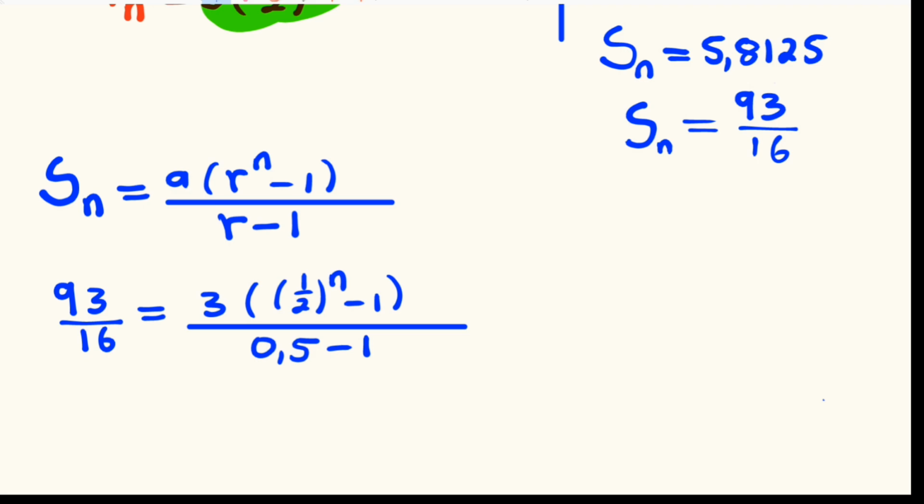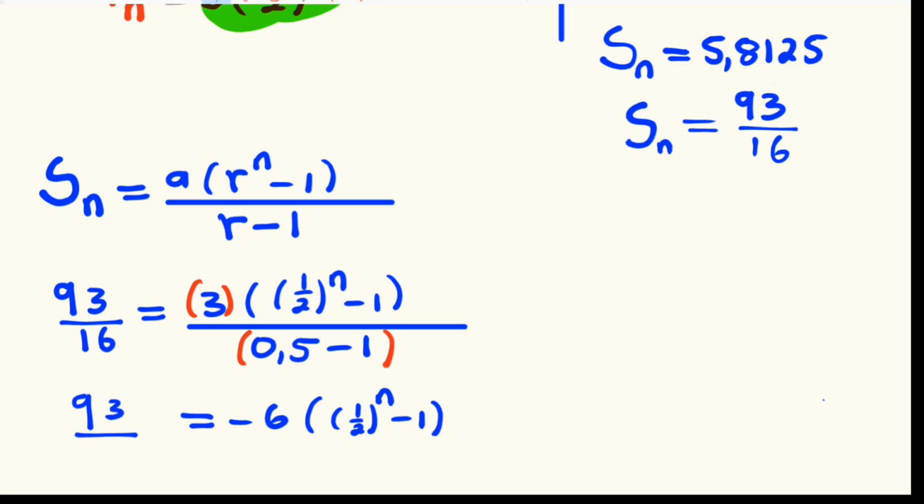And from here, on your calculator, you divide the 3 by 0,5 minus 1. So 3 divided by 0,5 minus 1 is equal to negative 6. So we have negative 6 still into 1 over 2 raised to the power n minus 1. And on the left hand side, we have 93 divided by 16.